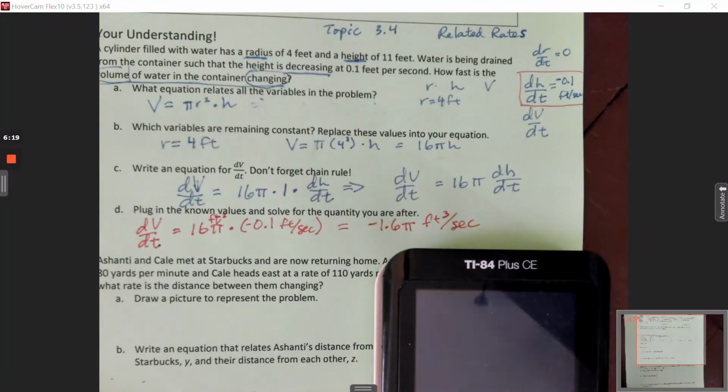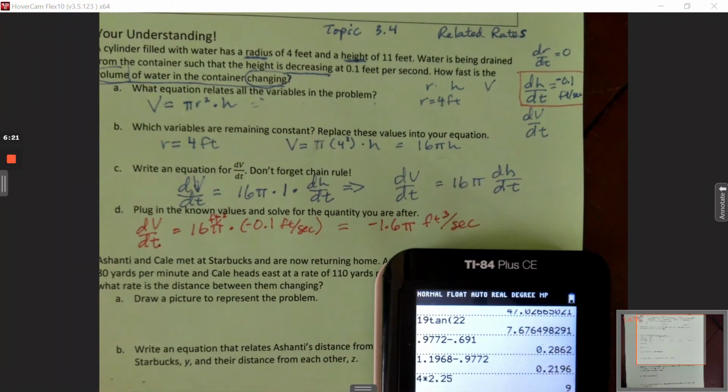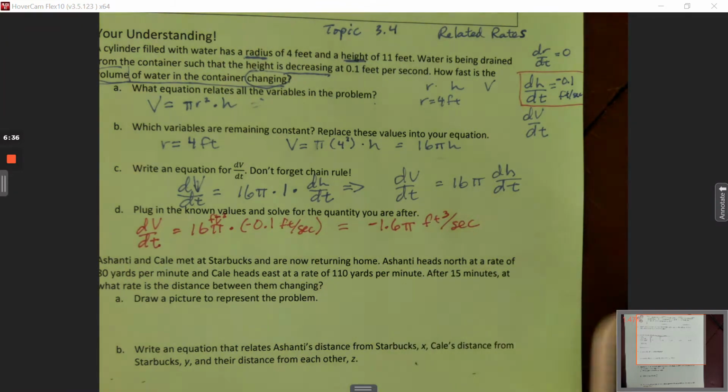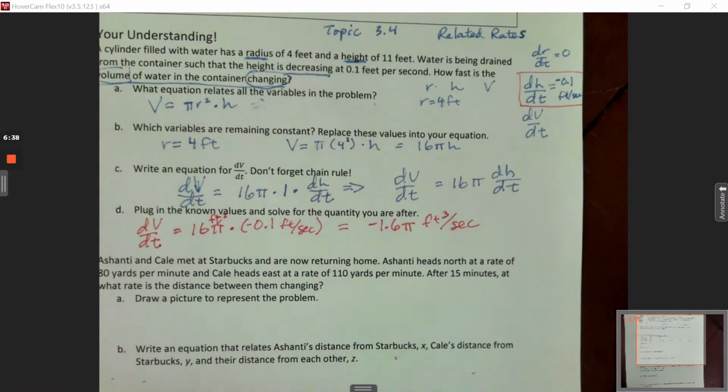It seems if I keep this up here, off to the side, it works out better. It doesn't mess up the screen as much. So 16 times negative 0.1, negative 1.6. Okay, and there we go. That's it.